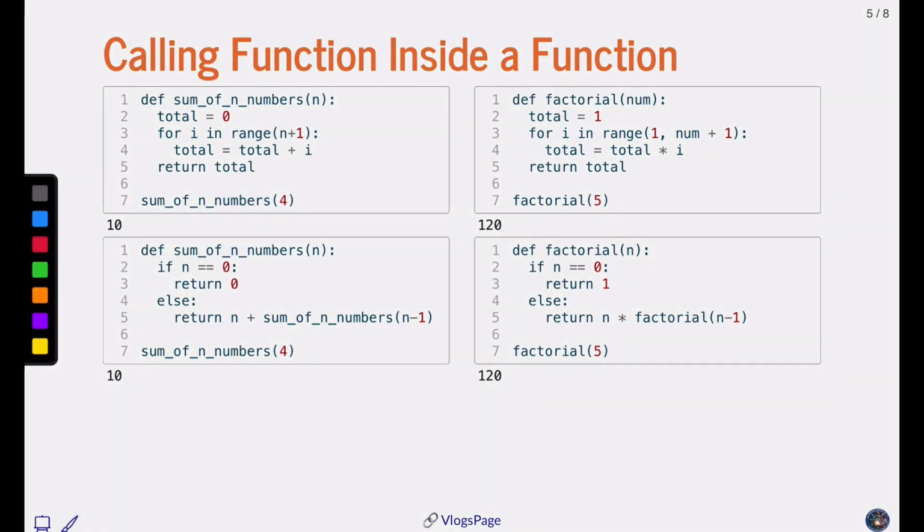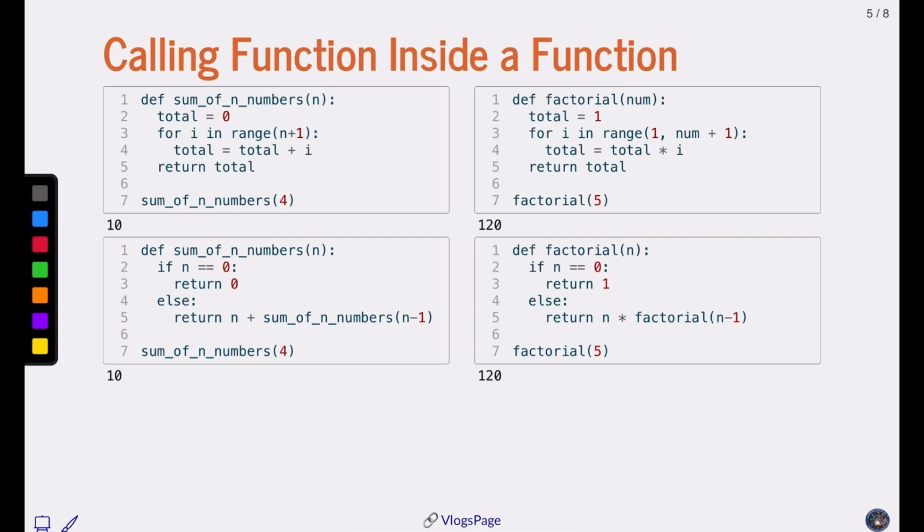So in this slide, we will see how we can call a function inside a function. To explain this usability, we are discussing two examples. One is adding the sum of n numbers, that is n into n plus 1 by 2. We can use that formula directly, but we are using this example to demonstrate. And similarly a factorial example, like 1 factorial, 2 factorial, 3 factorial, where we just pass a number and calculate the output.